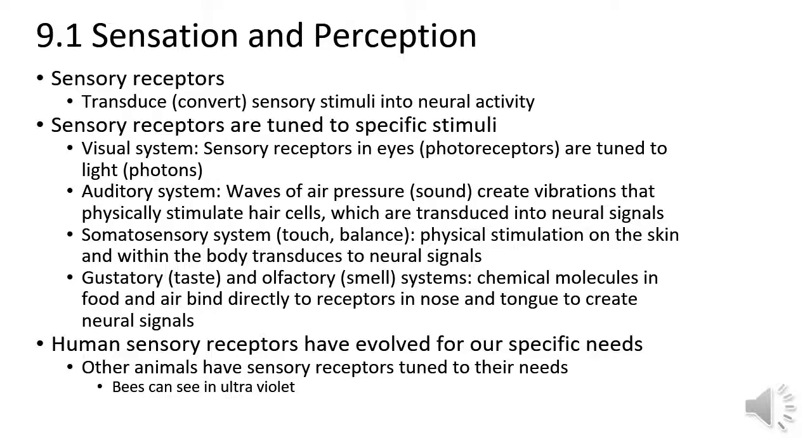Each animal has sensory receptors that have evolved for their needs. So as humans, our sensory receptors are tuned to our specific needs. Other animals have different sensory receptors and different sensory abilities that are tuned to their needs. So for example, bees can see in ultraviolet light.